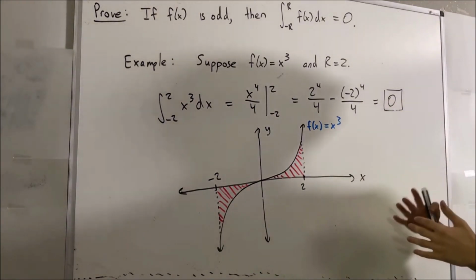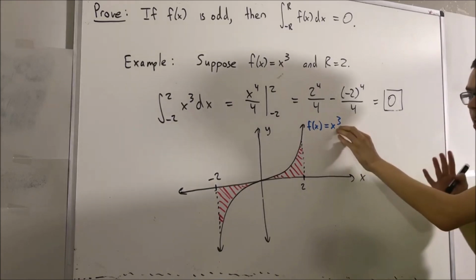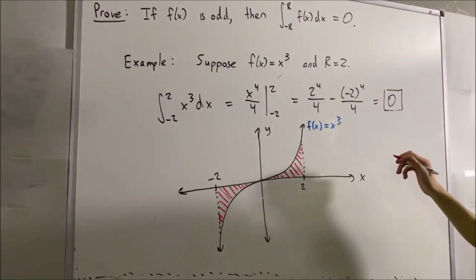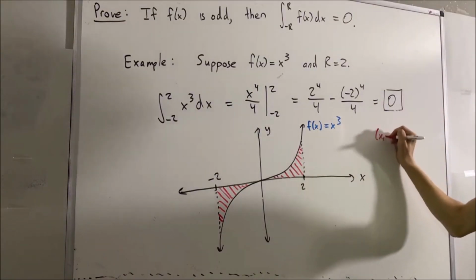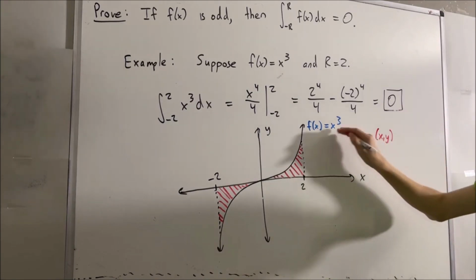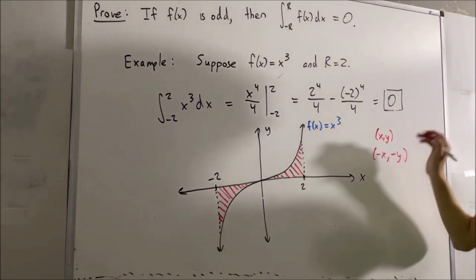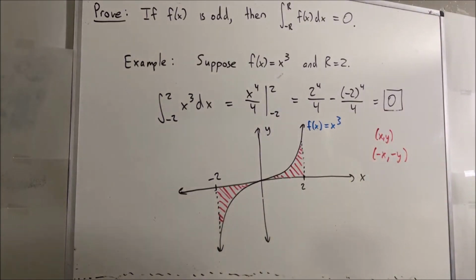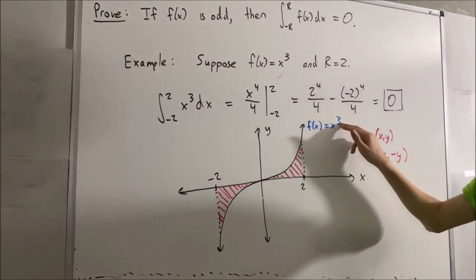And geometrically, it makes sense why this would happen. We know that x cubed is an odd function. It turns out what that means is that for every point x comma y that exists on x cubed, the point negative x comma negative y will also exist on x cubed. For instance, we know that the point 2 comma 8 is on x cubed.